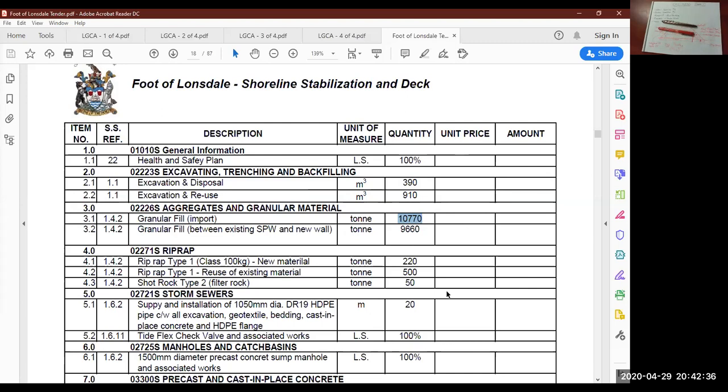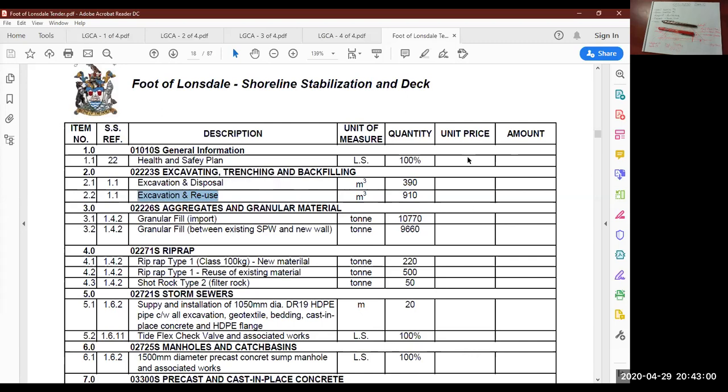You would do that for all of these bid items. Whenever you're buying materials, you will add PST and include it in your individual bid items. These are bid items here. This row here is one bid item. Excavation and disposal is a bid item. Excavate and reuse is another bid item.